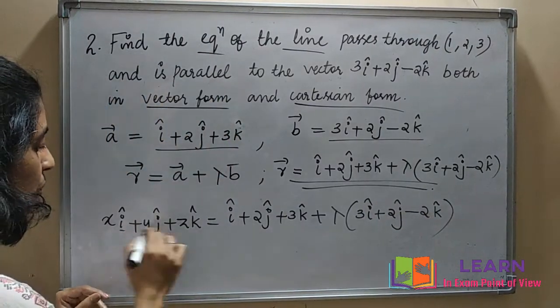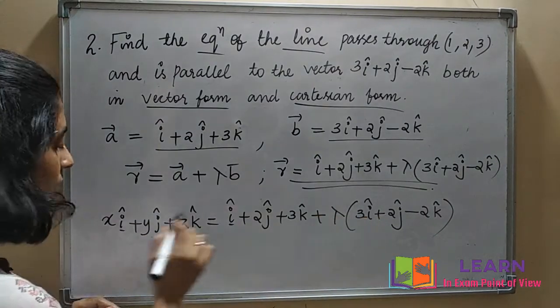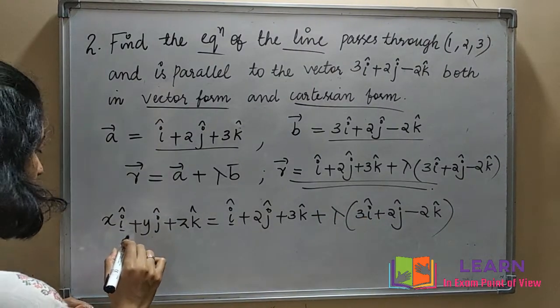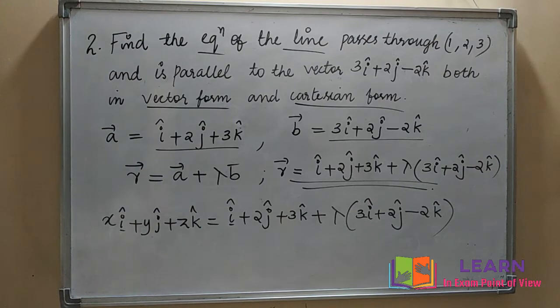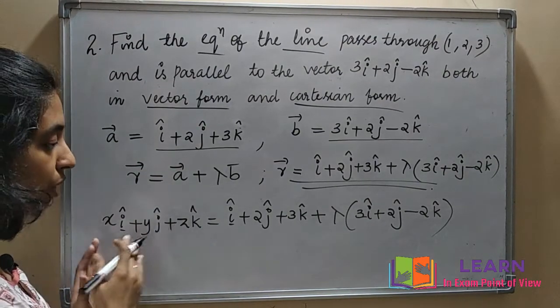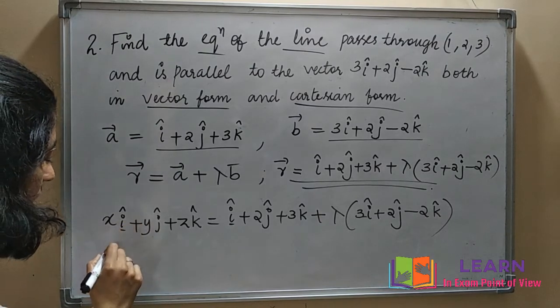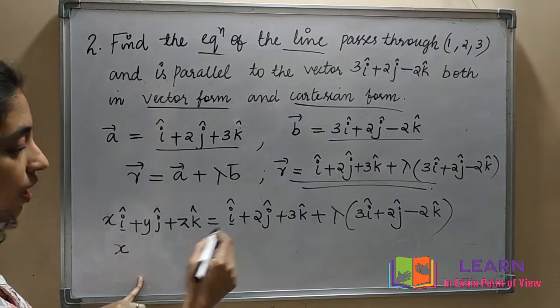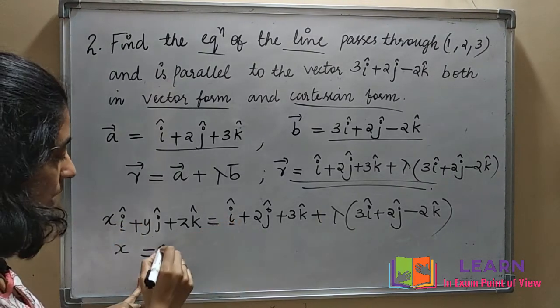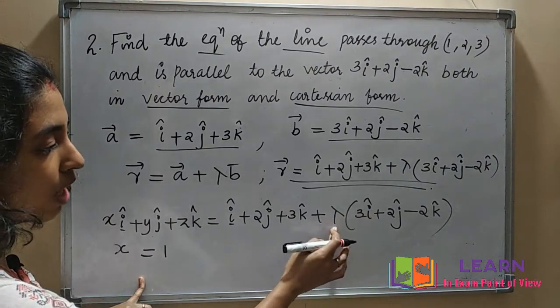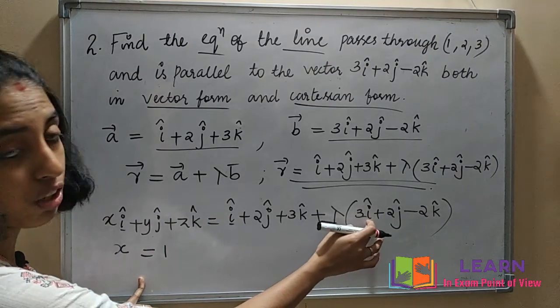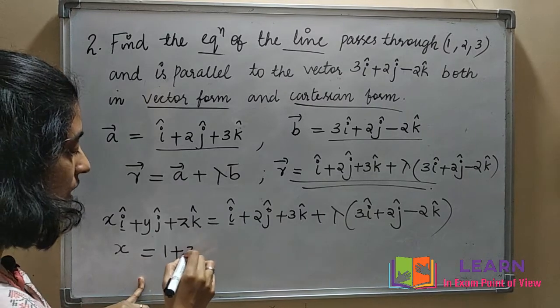Fine. Now equate the i coefficient. So we are going to equate the i terms. Here the i coefficient is x. Here it is 1, right? 1, and here also, 3 lambda is there for the i coefficient. So plus 3 lambda.